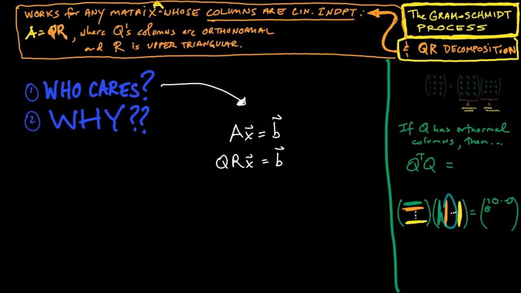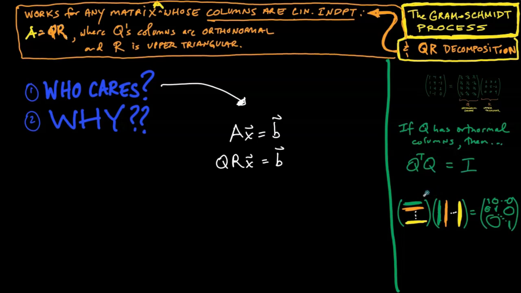Like if I dot orange with orange, I'm just going to get the squared length of orange, which is going to be the square of 1, which is going to be a 1. And that's what I would get in entry 2,2. And you should be able to see that we will get 1s on the main diagonal and 0s everywhere else. And the moral of the story is that Q transpose times Q, where Q is a matrix with orthonormal columns, is simply the identity matrix.